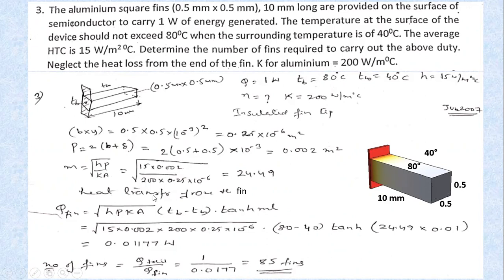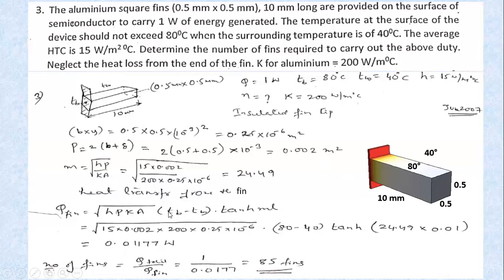So now obtain the expression for the fin with insulated tip. As in the previous case, it is square root of hPkA into (Tb minus T infinity) into tanh(mL). So substitute the values: the h value, the perimeter we have found, the k value, then the area of cross section, that is the square cross section, then multiply by Tb minus T infinity.